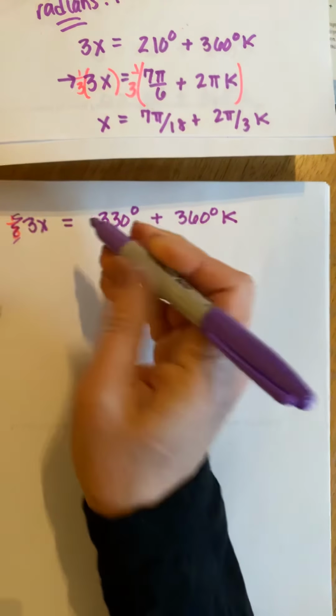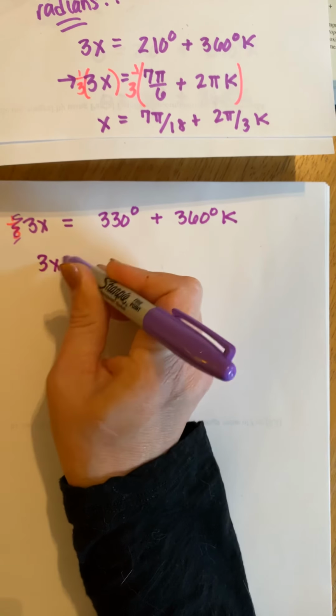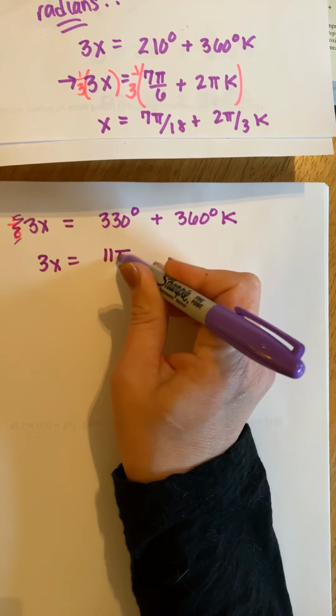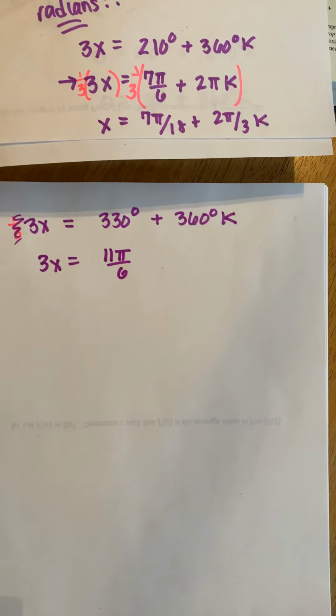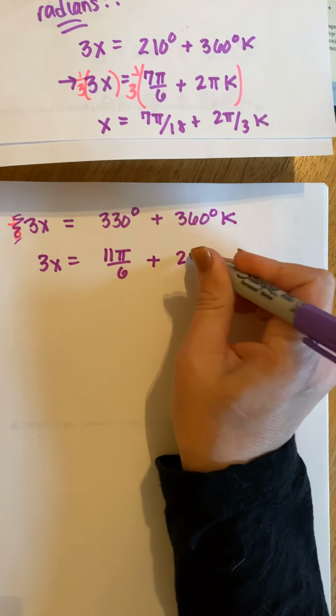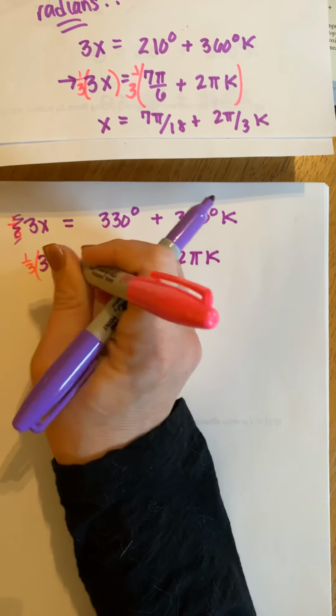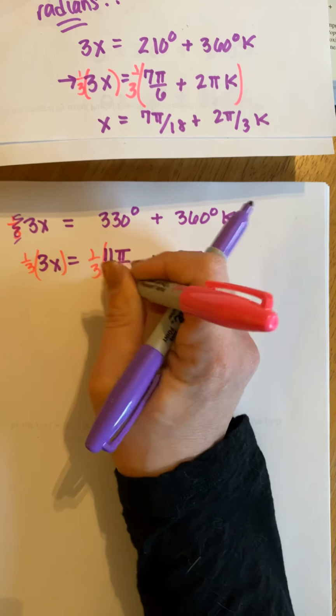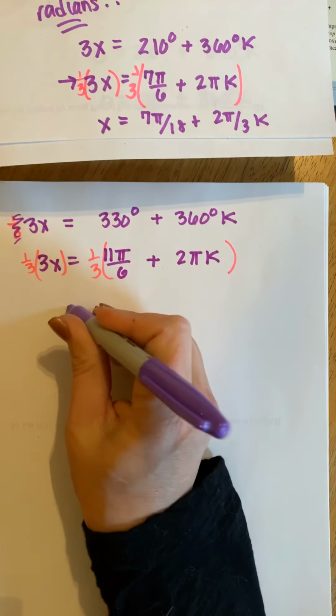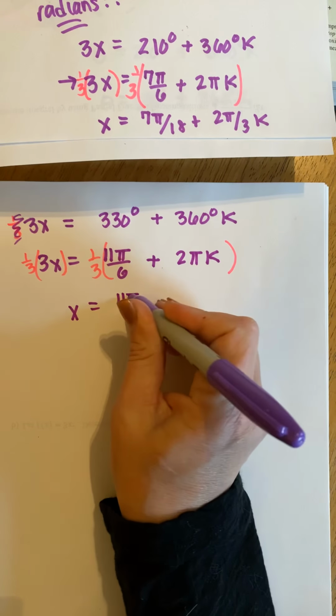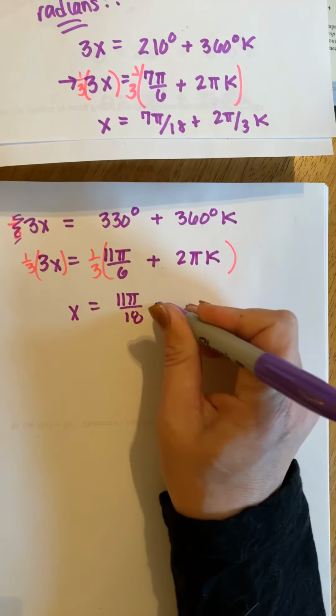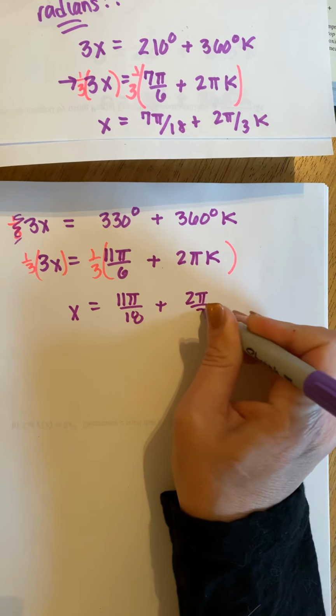Let's follow my own rules. 3x is, 330 is 11 pi over 6, because 11 times 30 degrees, plus 2 pi k. Now let's multiply both sides by 1/3. Take 1/3 of each piece of the right side, and we get x is equal to 11 pi over 18 plus 2 pi over 3.